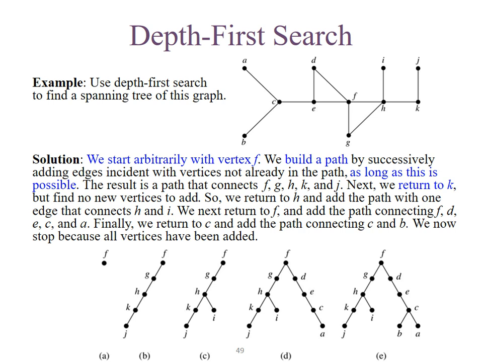Okay, and then we can create a path from h to i, and then we go back from i to h, to g, to f. Once we go back to f, then we can visit d, e, c, b. And then at b we cannot visit any vertex anymore, so we go back to the previous vertex c. Then we can visit h.